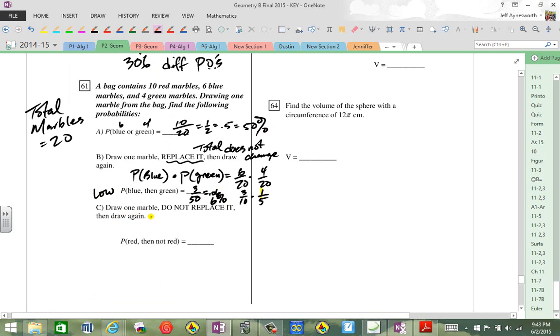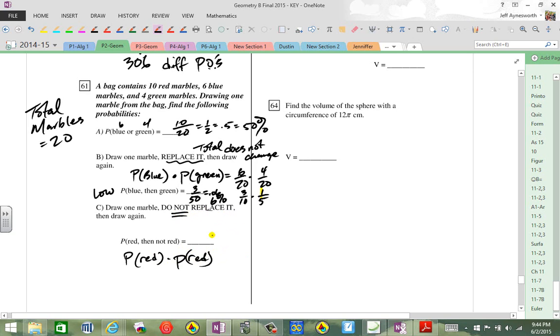Now this one here, drawing one marble and not replacing it changes things. If you don't replace it, that's going to change the total. So the probability of getting a red, and you want to multiply it by the probability of getting red again. But this time we're not going to replace it.